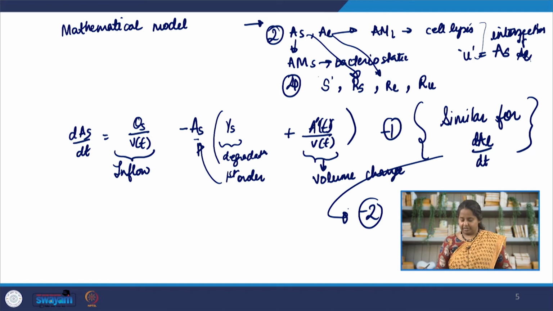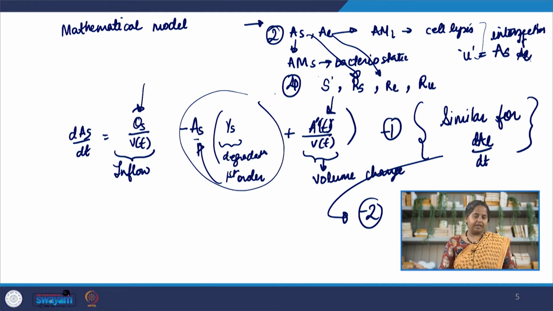Now, let us look at the ordinary differential equations that we can write for the 4 kinds of bacteria, sensitive, RS, RN and RU. Before we get there, look at what is happening here. We have inflow, we have outflow, volume change. That outflow is basically changing the volume of slurry. And then we have the accumulation or degradation happening, which is first order.